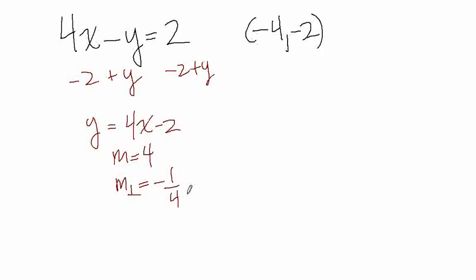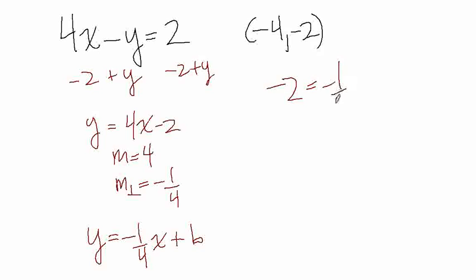So the linear equation we're looking for is y equals minus 1/4 x plus some constant b. Now let's use the point minus 4 comma minus 2. So minus 2 equals minus 1/4 times minus 4 plus b.